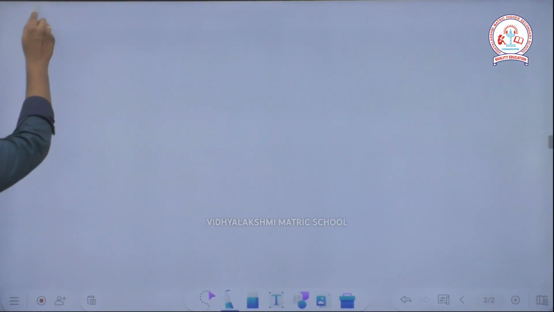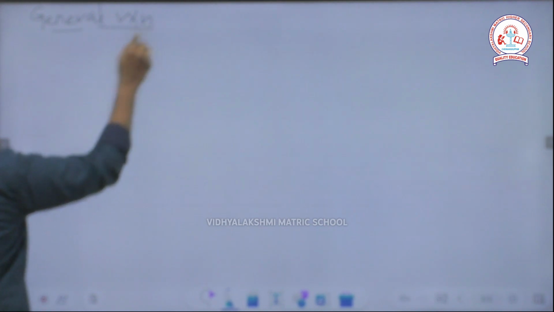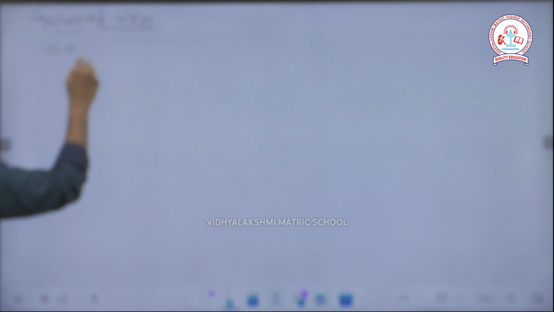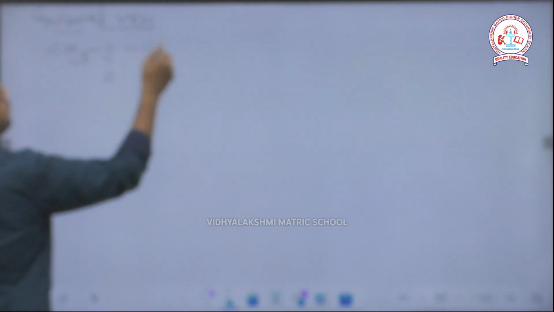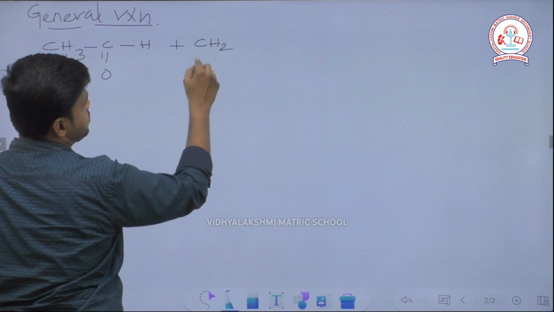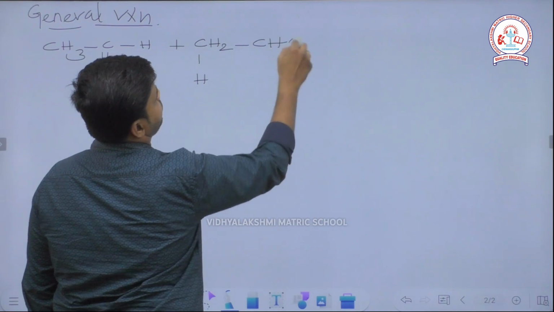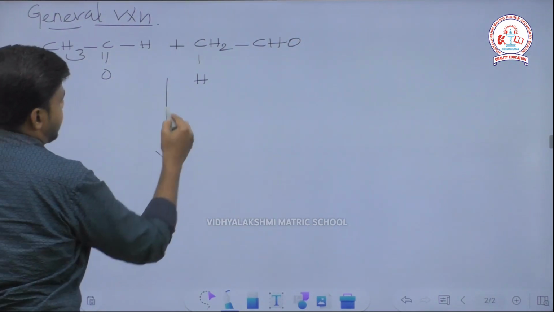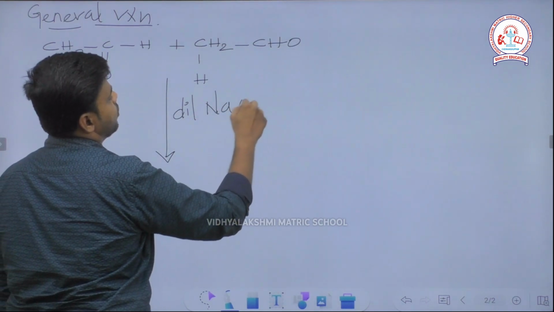the general reaction for this mechanism includes CH3, C double bond O, H, and one more CH3CHO, which I will write in this way, CH2, H, CHO. The reaction takes place in the presence of dilute NaOH.